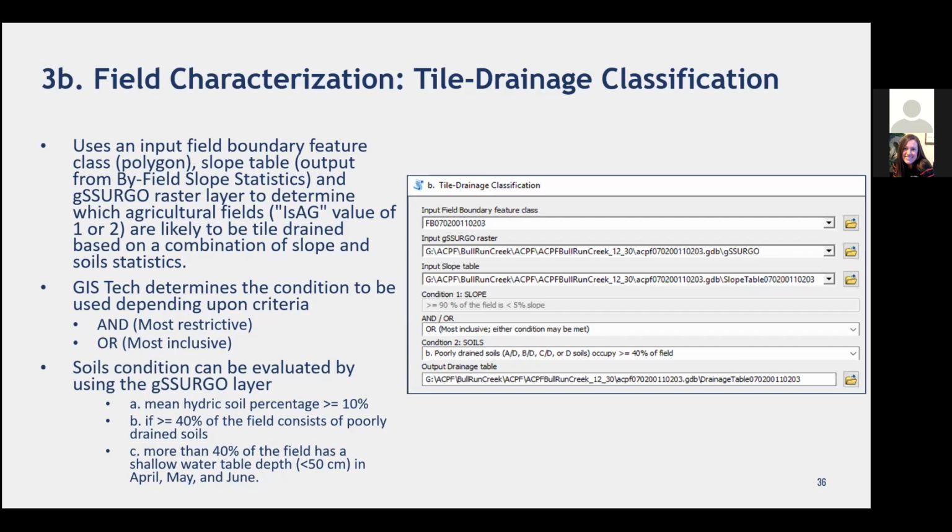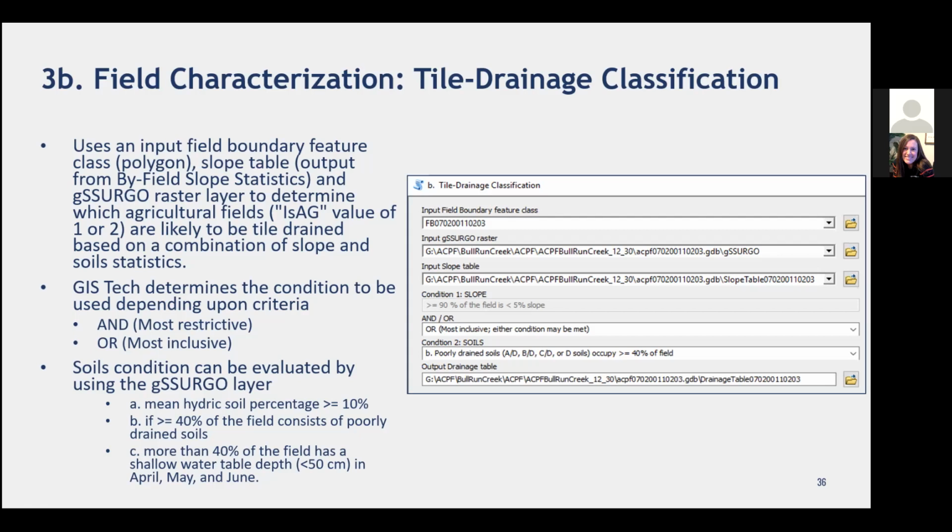Then for the soil characteristics used for the tile drainage classification, there are actually 3 options. The first option is mean hydric soil percentage is greater than or equal to 10%. The second is if greater than or equal to 40% of the field consists of poorly drained soils. Those would be any soil that is D class of some sort.